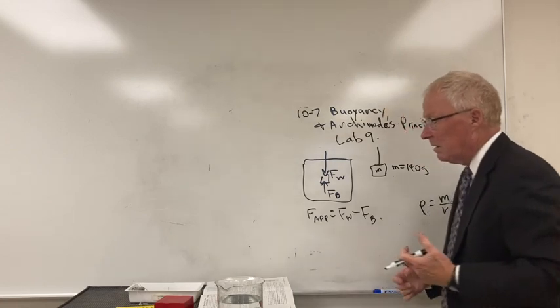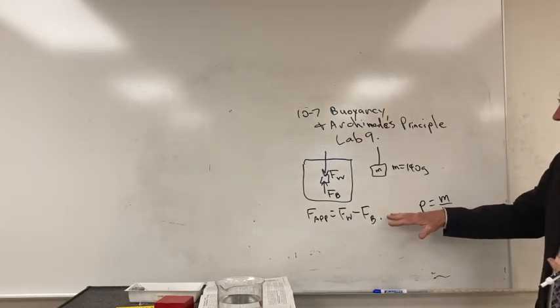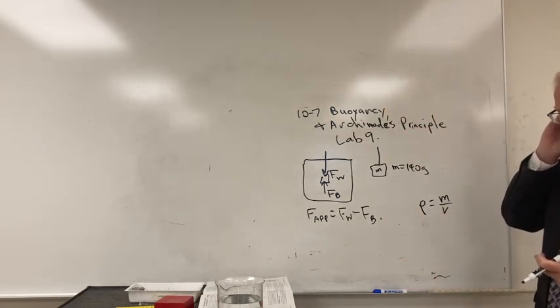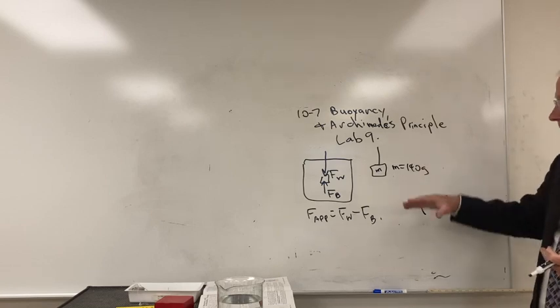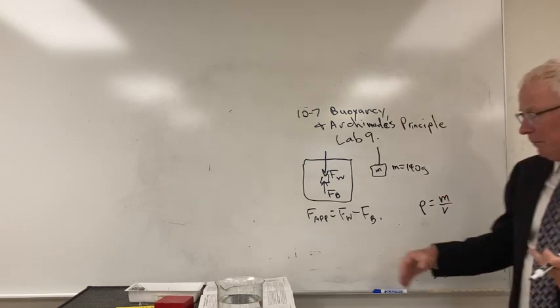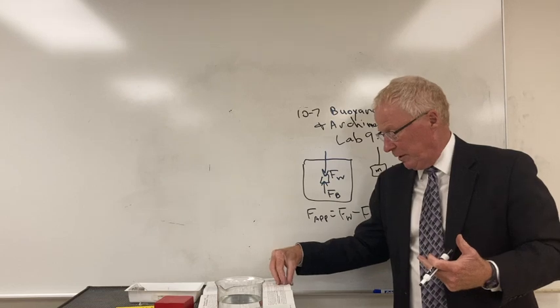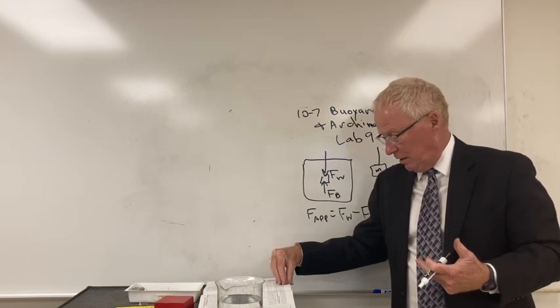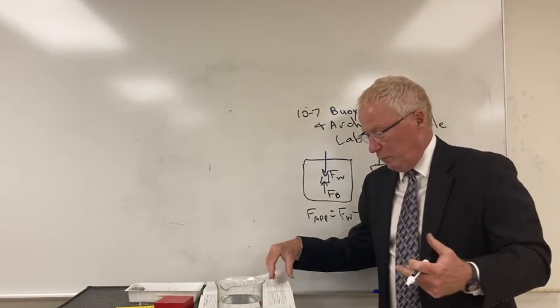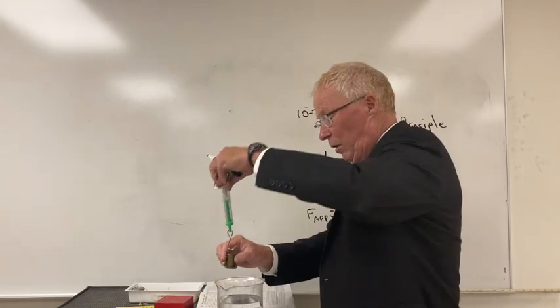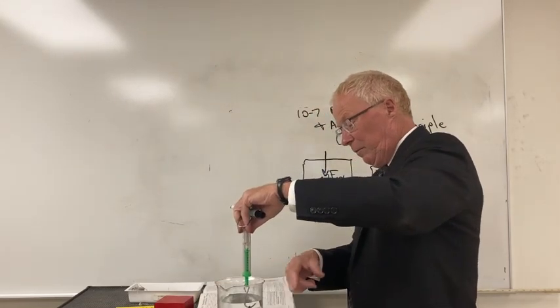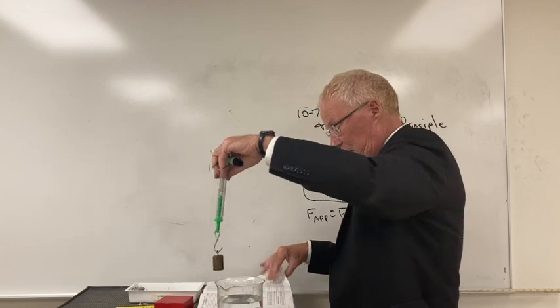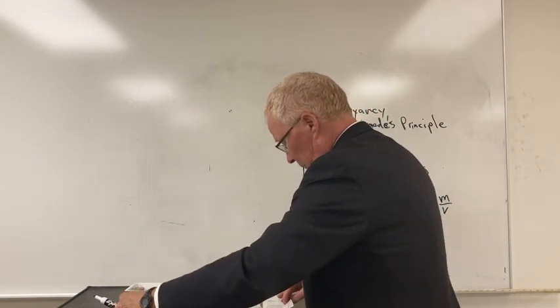And this is Archimedes' principle. Now lab 9 gets into more details of this. I'm going to go into a little bit shorter explanation as far as what we have here. So when we sink this, the amount of water displaced is equal to the volume of the cylinder. So we're going to do an example here then.